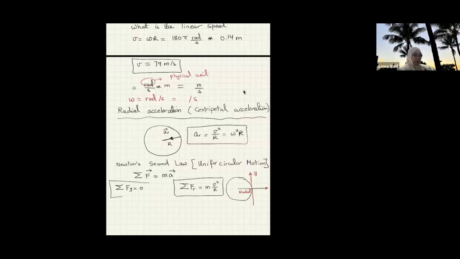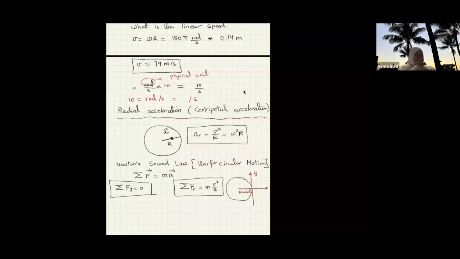This is my strategy for solving: the forces along the radial direction equal mass times a radial, and along the y, sigma F is 0.